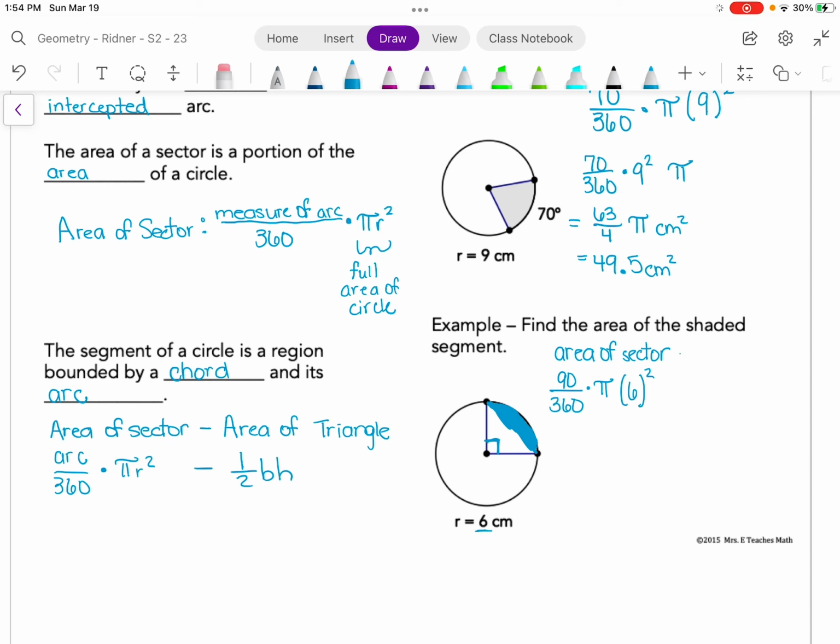And we're going to subtract from that the area of a triangle, which is 1/2. The base right here is 6, and the height is also 6.